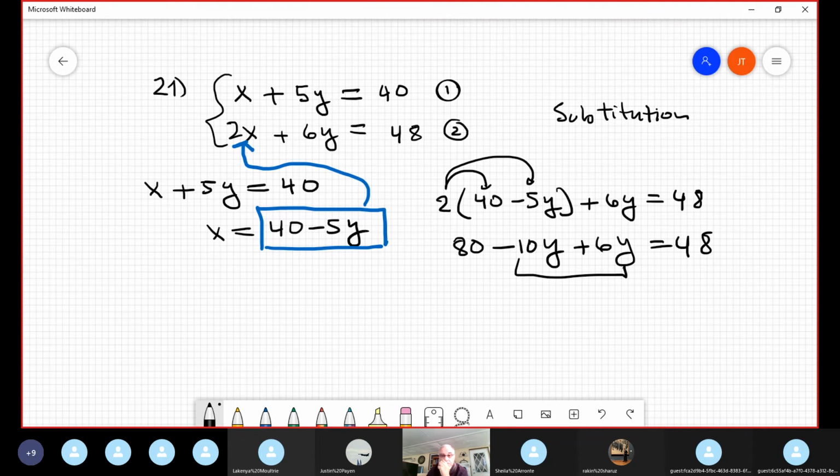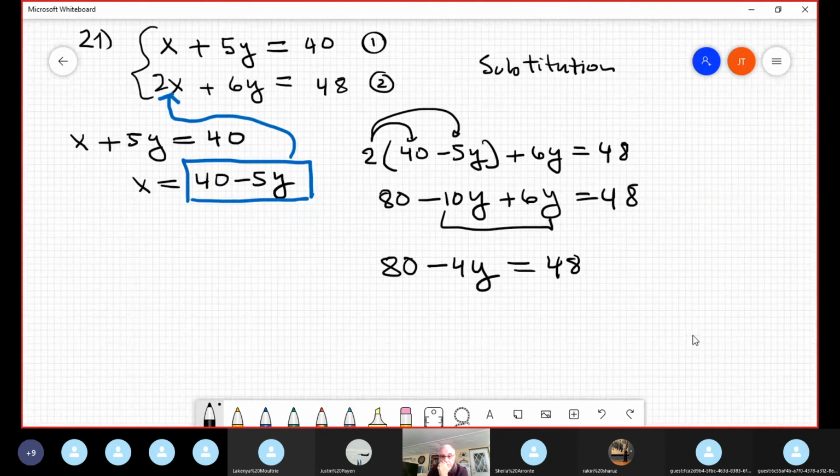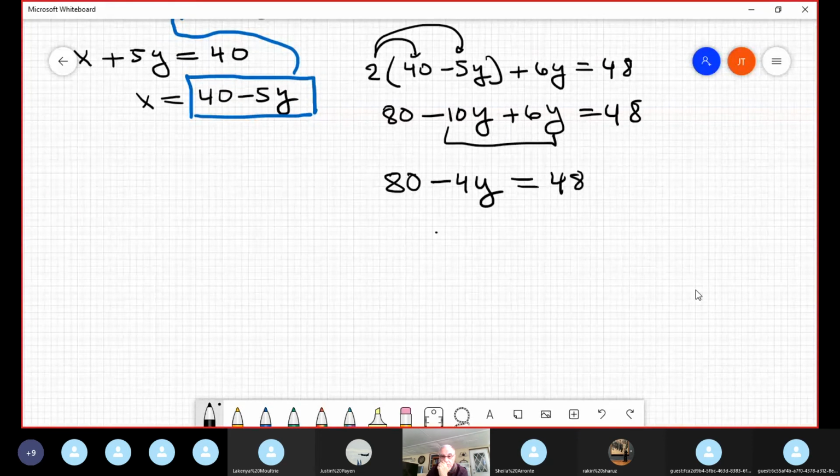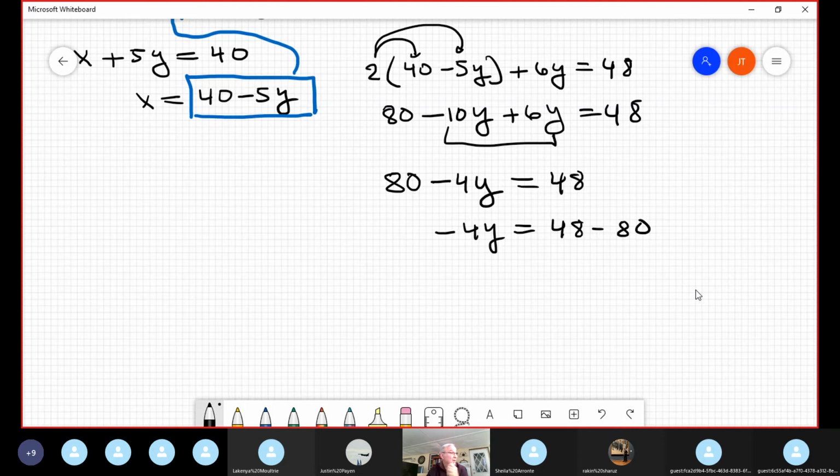We combine like terms: negative 10 and positive 6 is negative 4, so negative 4y equals 48. Now negative 4y is equal to 48 minus 80. Put in the calculator 80 minus 48, just in case. 80 minus 48 is 32, but negative. So negative 4y is equal to negative 32.